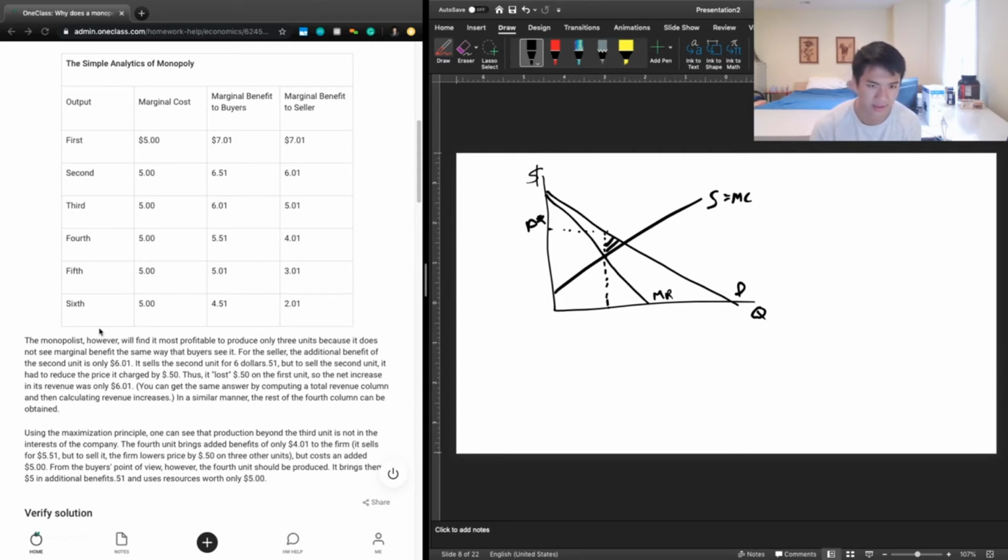That difference is noted by the difference between these two columns. And so using the maximization principle, only the third unit is produced because that's where marginal benefit to the monopolist is equal to the marginal cost of the monopolist. And so anything else after that is actually going to cost the firm more to produce than it brings in value.